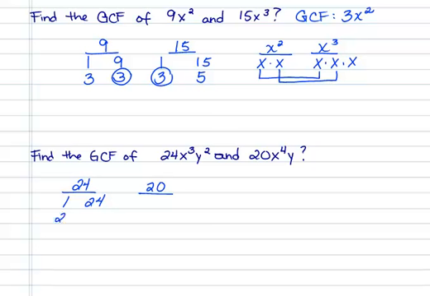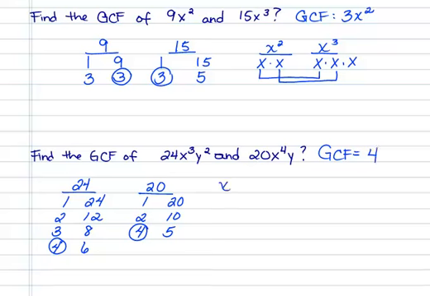So I know 2 times 12, 3 times 8, 4 times 6, that's all of them. 20 is 1 times 20, 2 times 10, 3, 4 times 5. Biggest number that I have in common looks like it might be 4 that they both have in common.